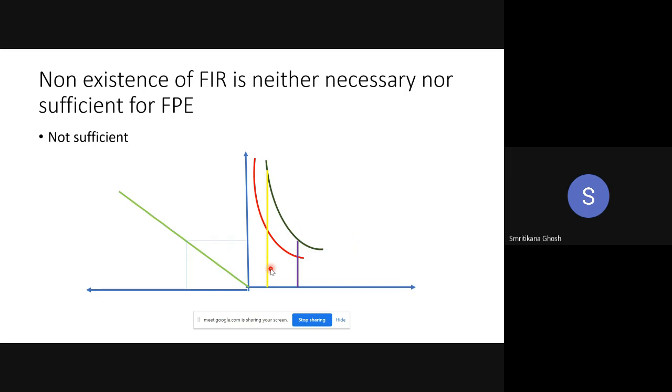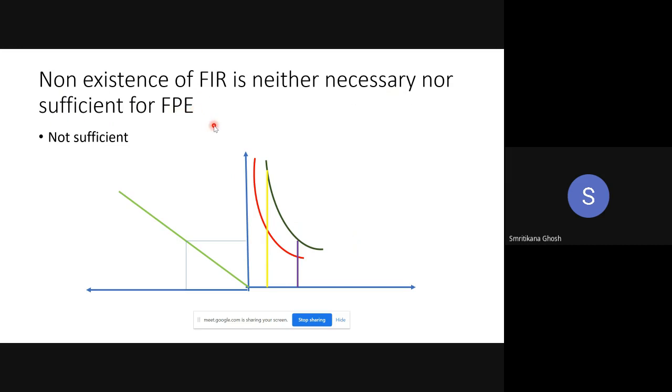Now this is a very common question. You can find this question in alternate years. Non-existence of factor intensity reversal is neither necessary nor sufficient for factor price equalization.